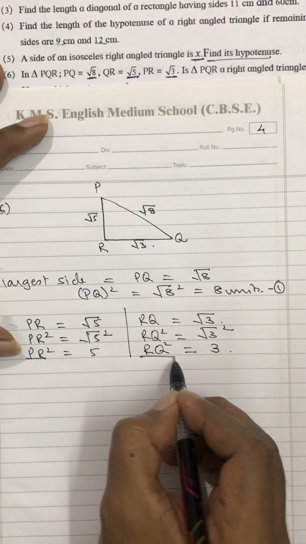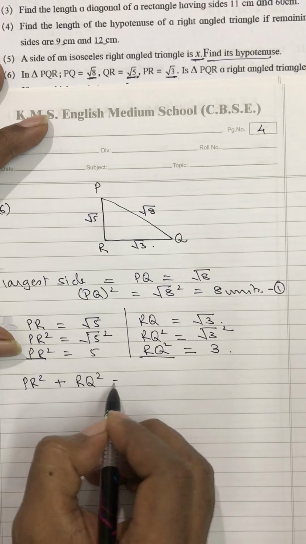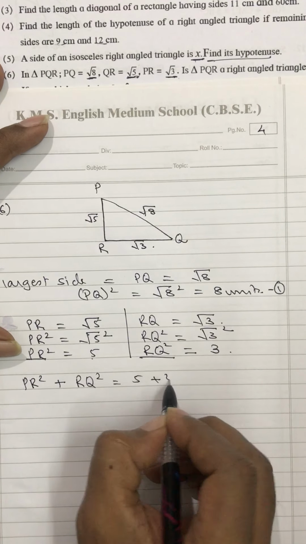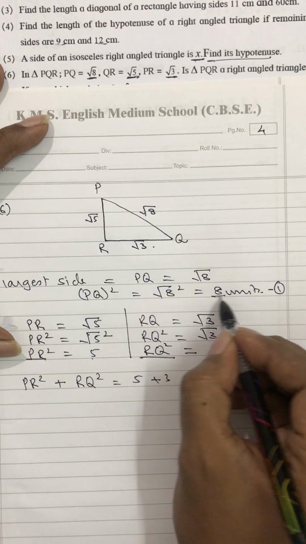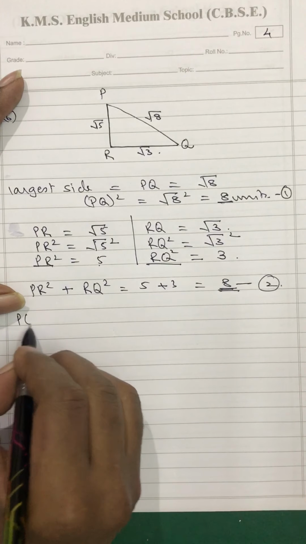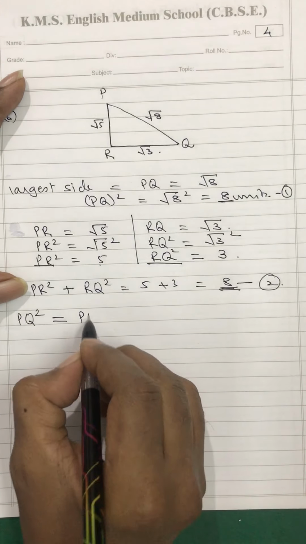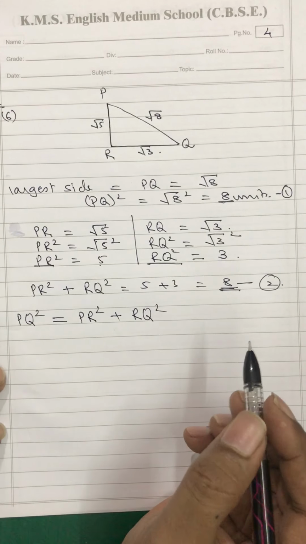So adding this PR square and RQ square, 5 plus 3 I will have to add, that will be equal to 8. So this is also 8, this is also 8. So you will tell over here PQ square is equal to PR square plus RQ square.